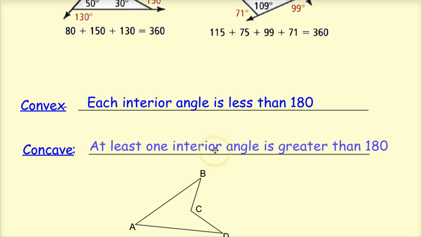So a concave figure has at least one interior angle greater than 180. And I can see right here, angle C, this angle is greater than 180 degrees. So that's called a concave figure. Concave. At least one interior angle is greater than 180.